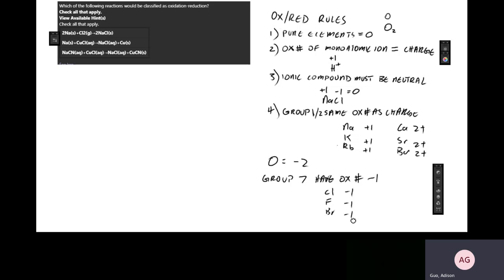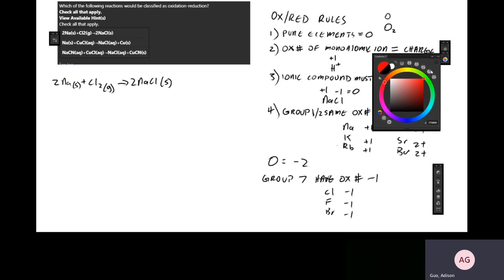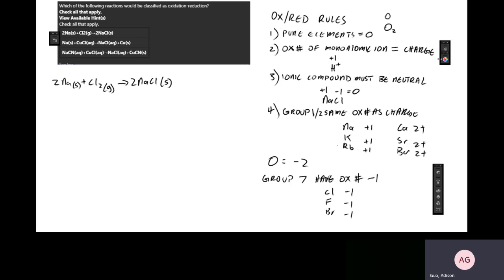So if we start with this first question, Cl2 gas. All right. So we'll first start with listing all the oxidation states for our reactants. So over here we have sodium solid.